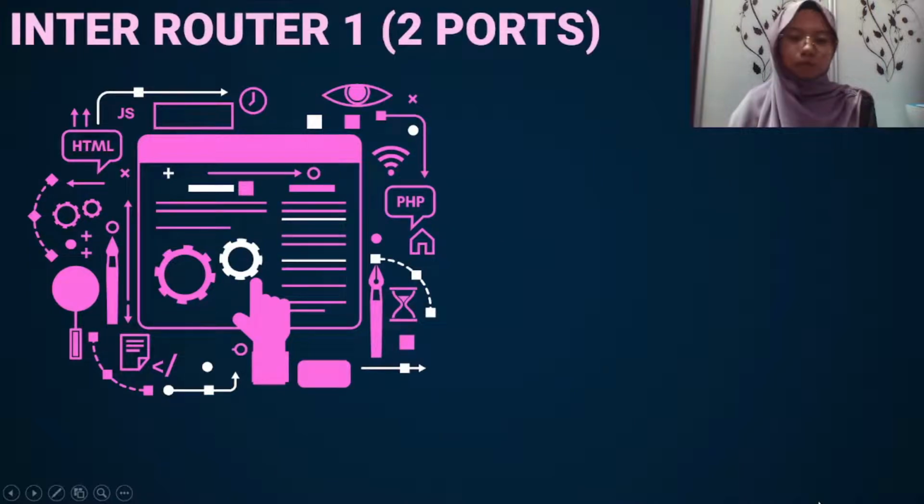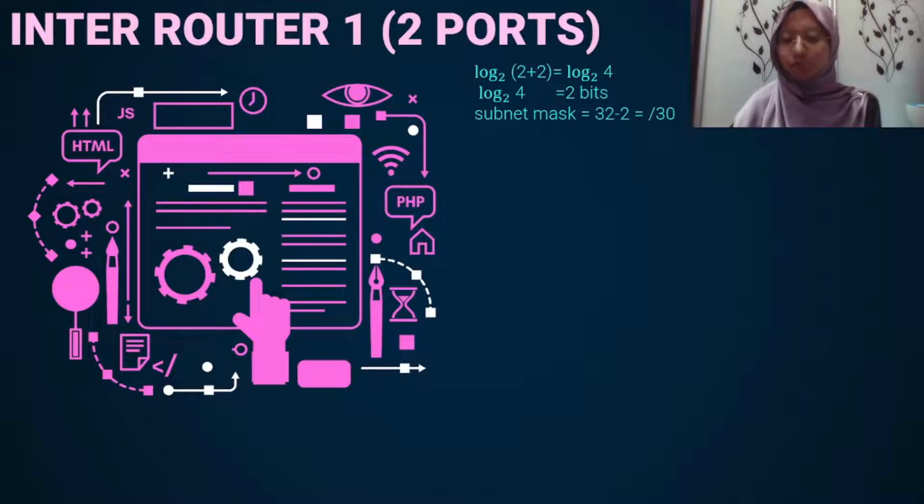Okay, next. For interrouter 1, we use 2 ports. So let's proceed. We use the same formula to find it, which is log 2 plus 2, because 2 is the 2 ports.